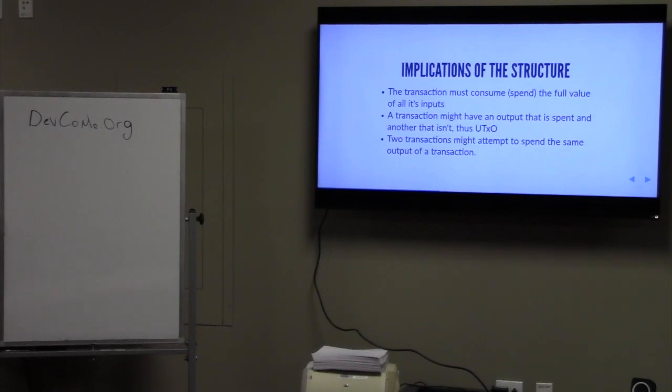In order to spend that money, you have to create a new transaction which references what you're trying to spend and proves or has a script that satisfies the conditions necessary to be able to spend that money. That, I would say, is the core concept of what is going on.